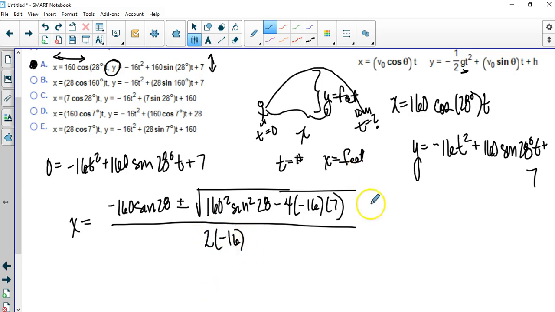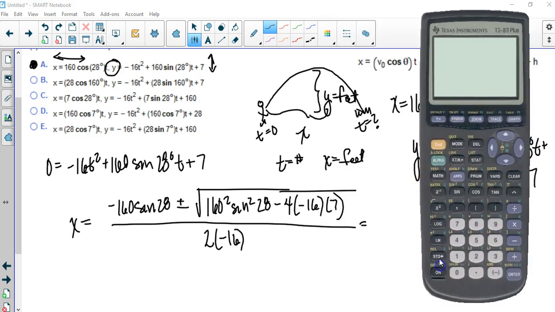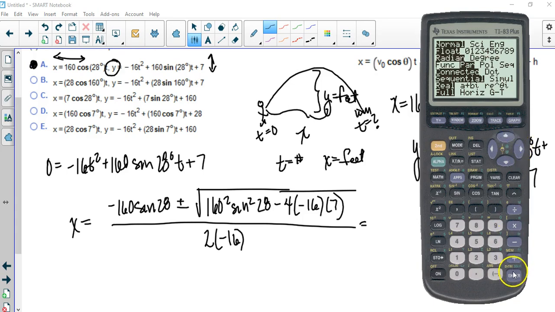So not pretty, but we have a calculator. I'm going to turn this mess on, and I'm going to go to mode so that I can change this to degree since I'm typing in 28 degrees. And I'm going to go out to the main screen, and I have a negative 160 sine of 28.